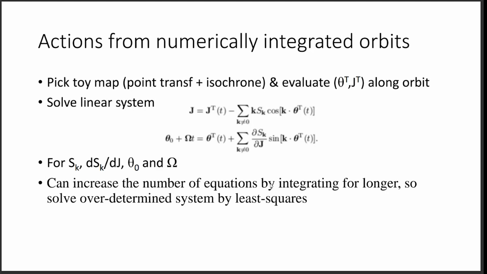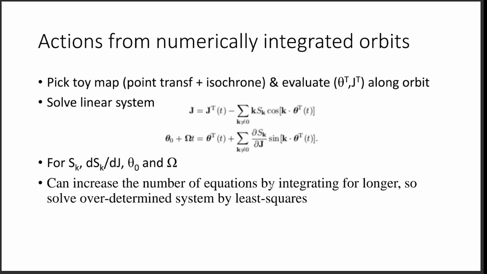And then I have a pair of these equations at every point theta t, J t along the orbit. So I can have as many of these equations as I want by integrating for a bit longer. What does it do? It provides me with a linear system of equations for the unknowns.